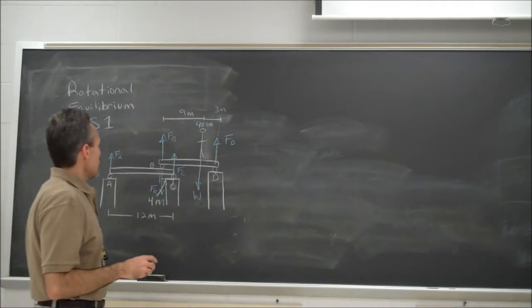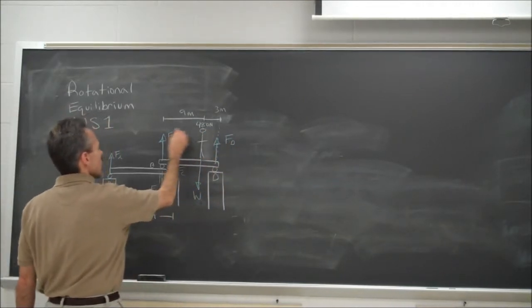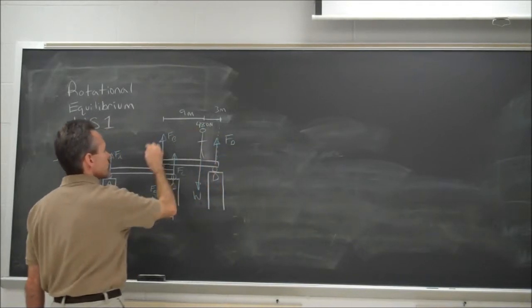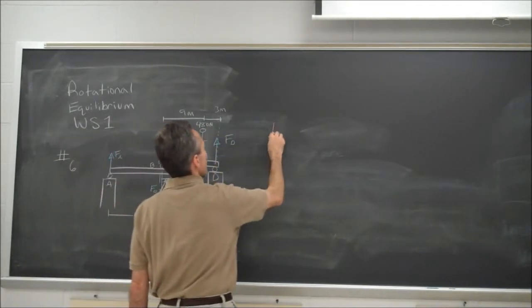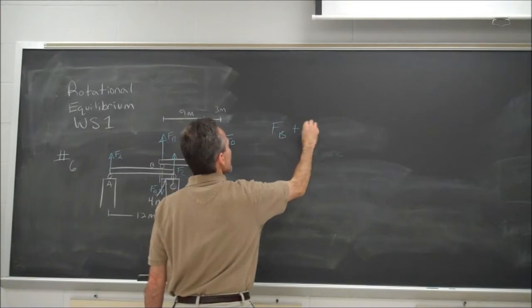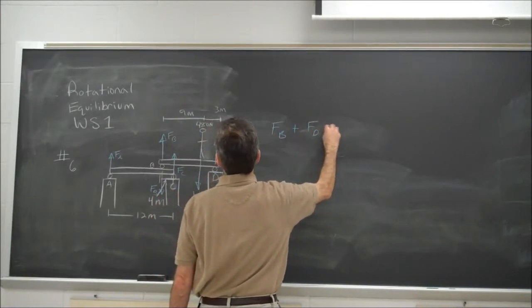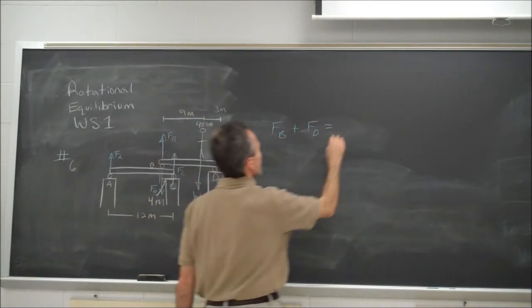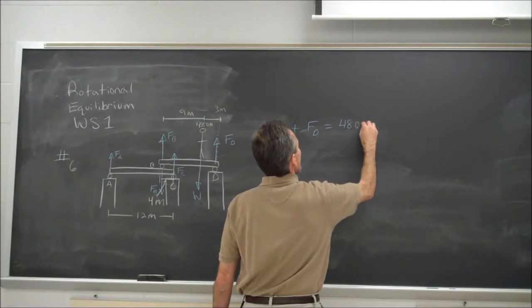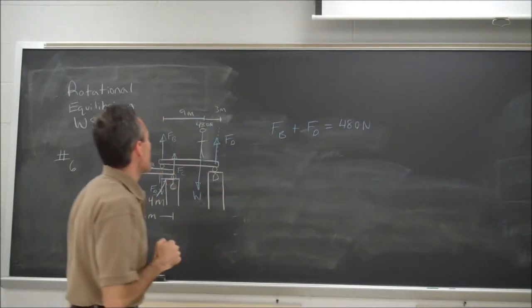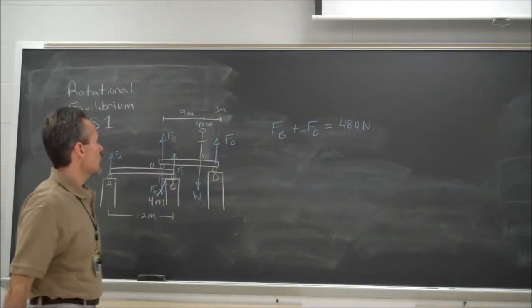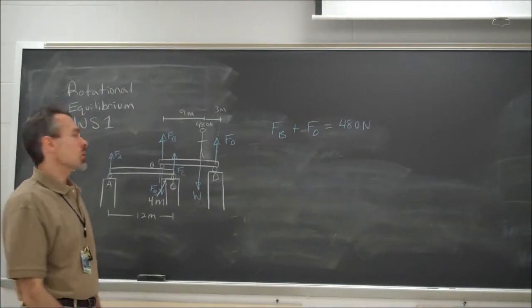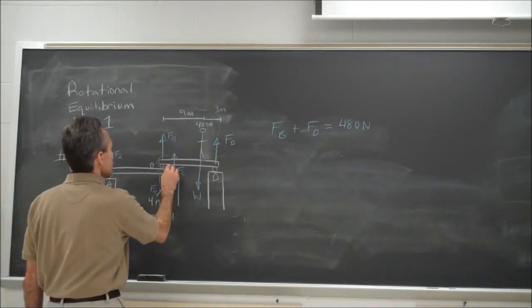So if we're looking at this, let's just first look at the top board right up here. For this, I can say that FB plus FD would have to be equal to that weight, which is 480 newtons. But clearly that's not enough information to figure out either one of those. So I need to use the second condition of equilibrium. Let's say this is the pivot point.